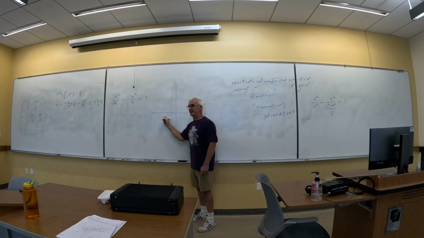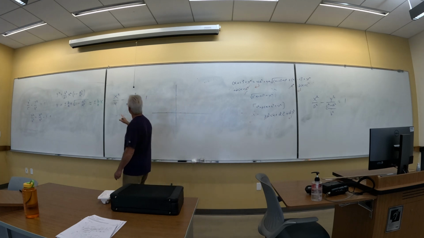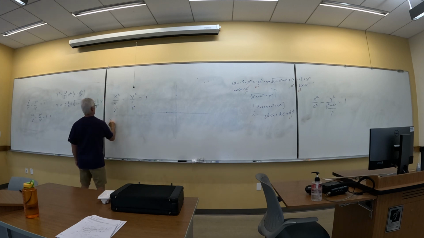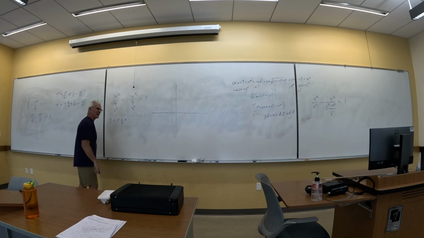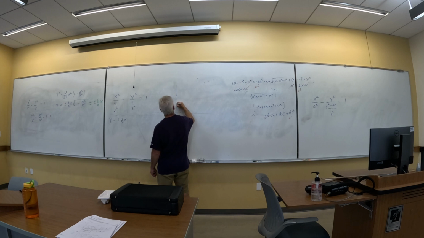So I have (2, 0) and (-2, 0) on this graph. Those are my vertices, basically. I'm saying this, if I did plus or minus 3 over 2 times x, well, let's see, 3 over 2, 1, 2, 3, 1, 2, 3.